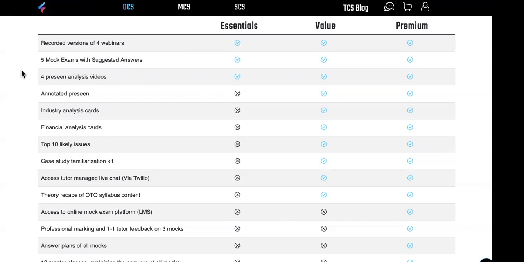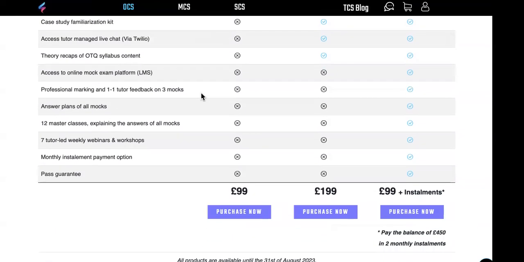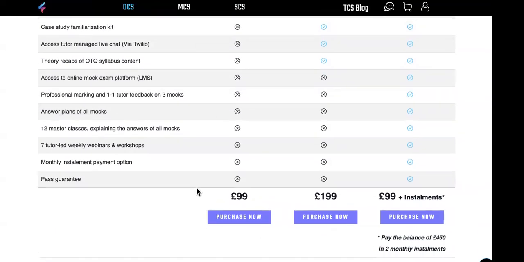And the exam technique is highlighted under the webinars which we conduct. So after you know the exam technique, after you attempt the 5 mock exams and go through the 4 pre-scene analysis videos, you can easily pass your exam. So if you had aced your OTQ exams, go for the Essentials pack, which is priced at £99.